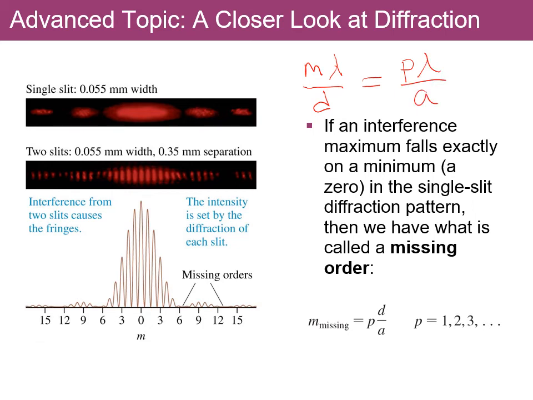The lambdas on both sides cancel, and we can solve for the missing order as p times d over a, where p is any positive integer.